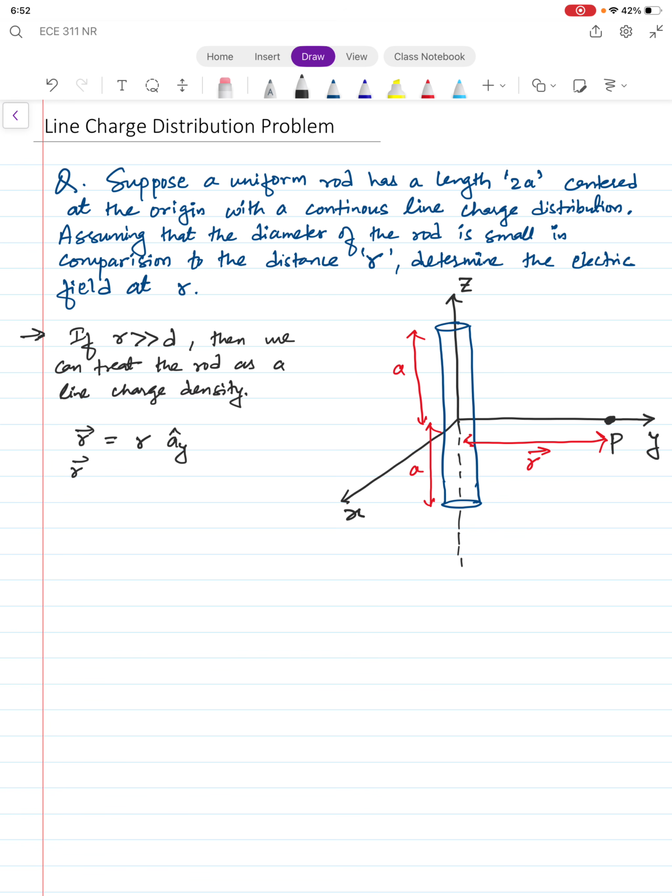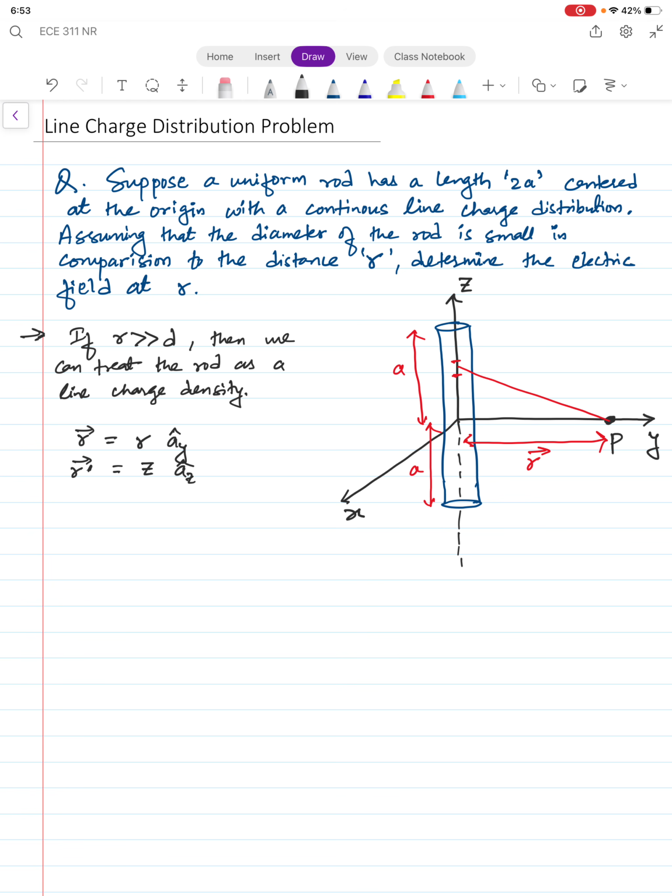Now our source r prime is at some, let's say, random location. Let's say this is where we are trying to compute. Let's say this is some random differential element along the y axis, and for that our r prime will simply be along y, and the unit vector is also along the y axis.